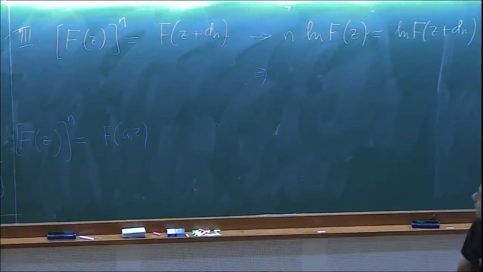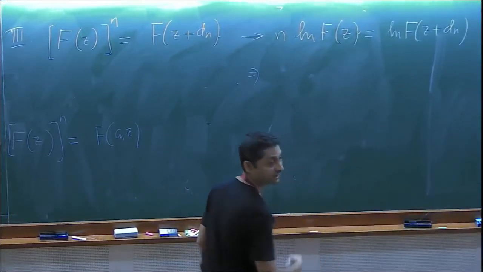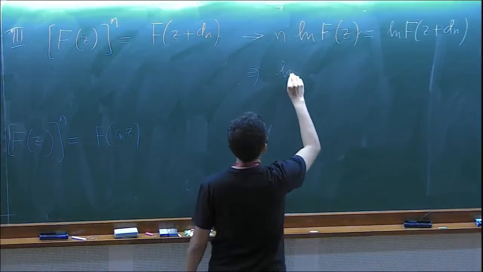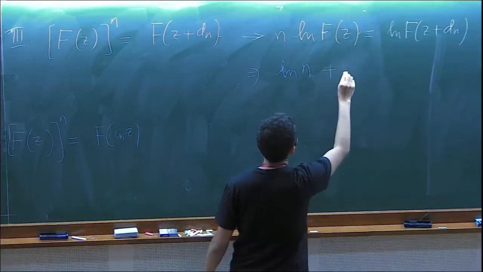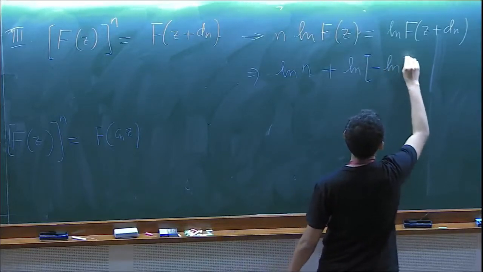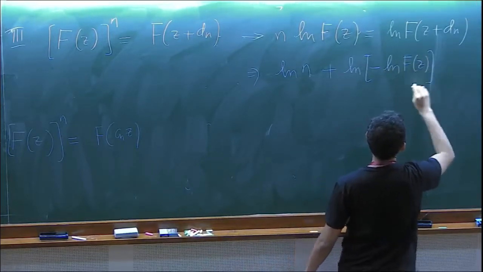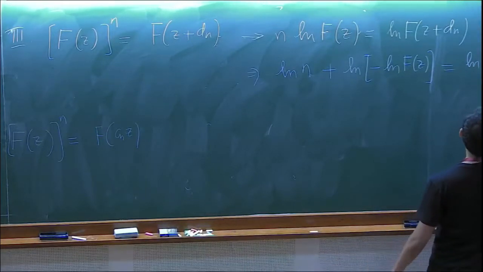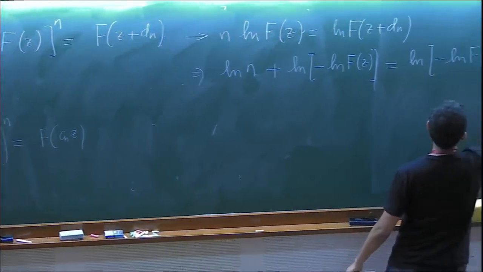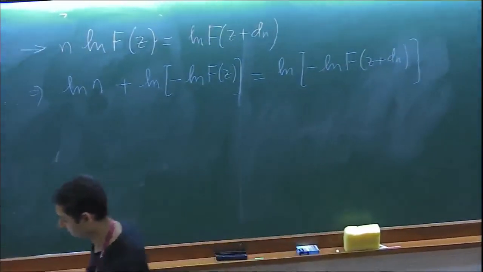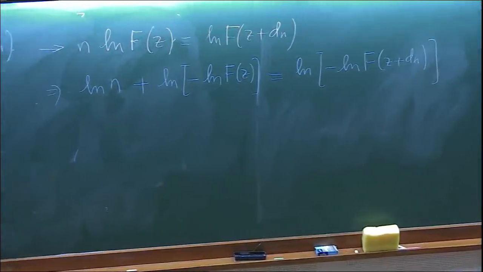So I should multiply by minus 1 and then take a log. So then what do I get? It gives log of n plus log of minus log of f of z is equal to log of minus log of f of z plus dn. This is what I have.